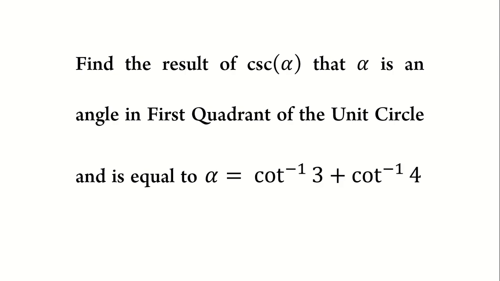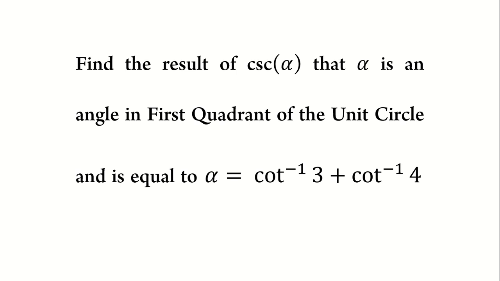Find the result of cosecant of alpha, where alpha is an angle in the first quadrant of the unit circle and alpha is equal to inverse cotangent of 3 plus inverse cotangent of 4.